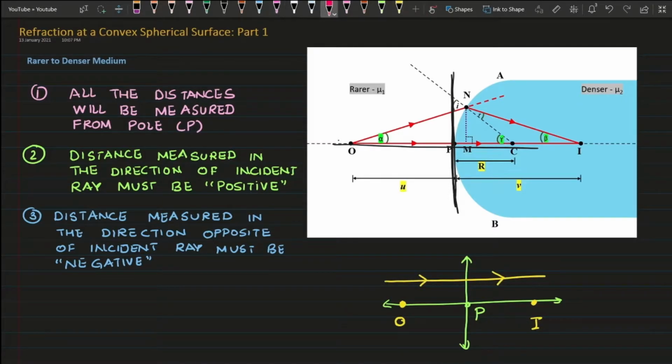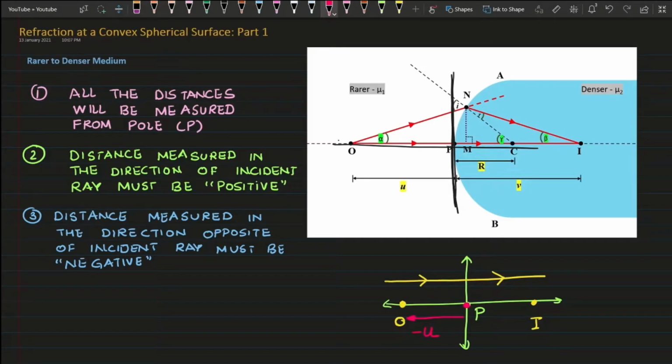Look at the arrow. Now I measure all the distances from P. So if I measure from P, I will start in this direction. Now my red line is opposite to the incident ray. Can you see? These two rays are in opposite direction. So this means I have to measure this distance as negative. So this distance OP must be negative.